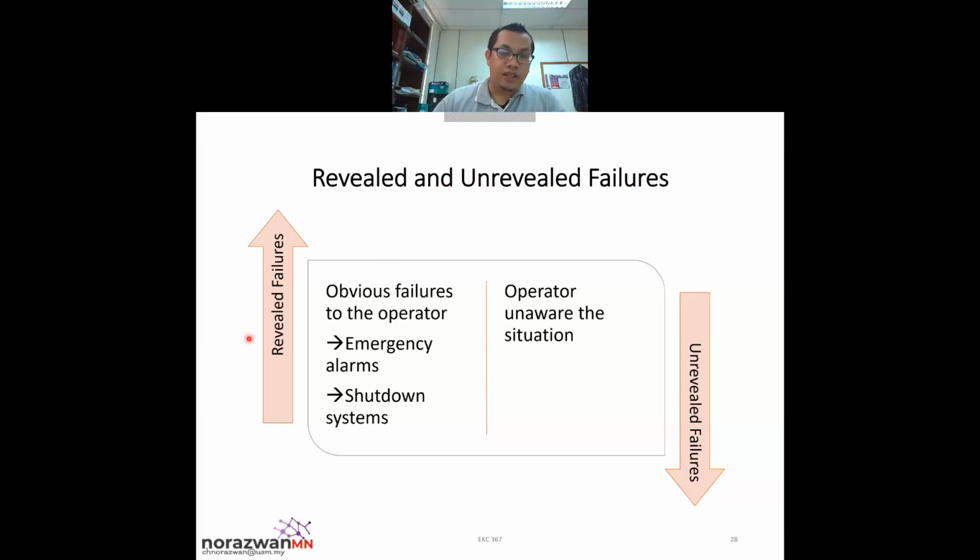The revealed failures are actually obvious failures to the operator. You immediately know there is a failure, for instance, an emergency alarm and shutdown system. It means instantly when the failure occurs, you as an operator know that there is a failure.